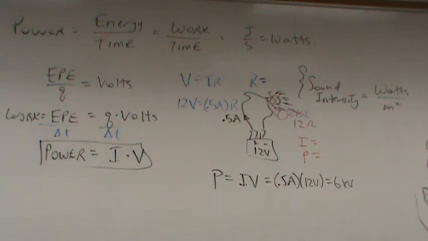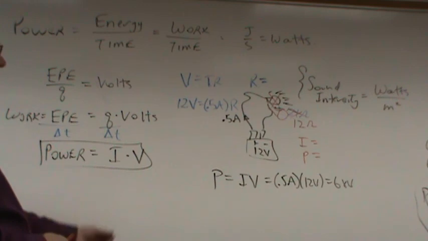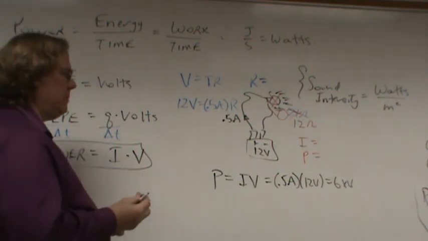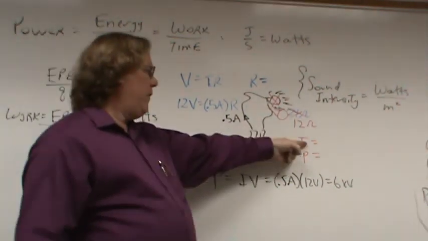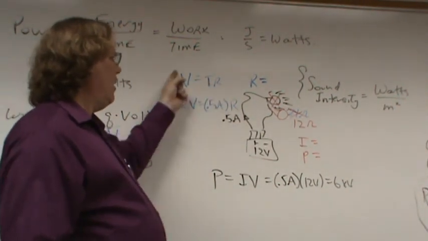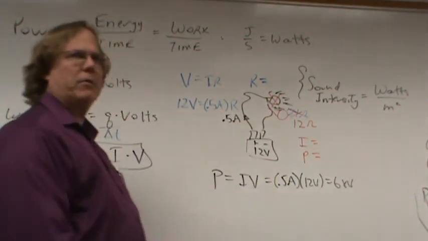You do that now. To get the current, you're going to have to use V equals IR, Ohm's law. To get the power, you're going to have to use power equals IV.